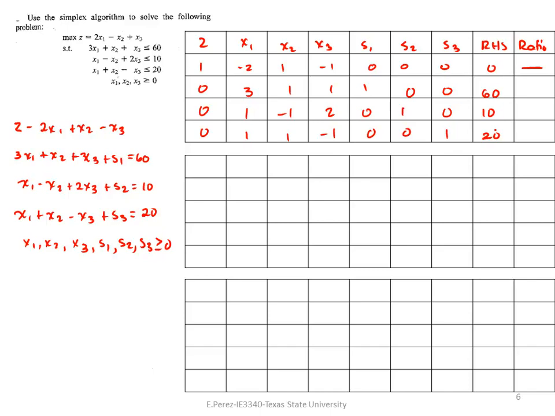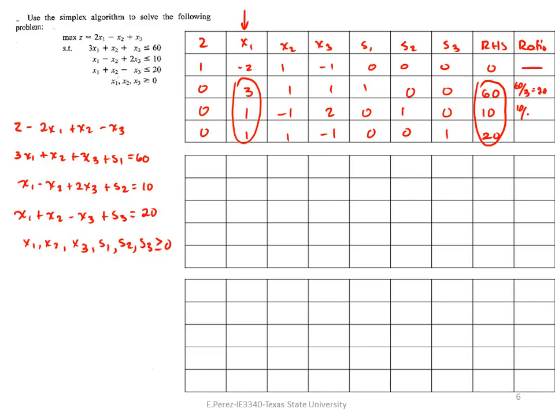So x1 will be the first variable to enter the basic variables, correct, because x1 is the one with the most negative value in row 0. So this will enter. Now we have to perform the ratio test to find out in which row we're going to enter this variable. So we look at this and this, and we have 60 over 3, so this is 20.